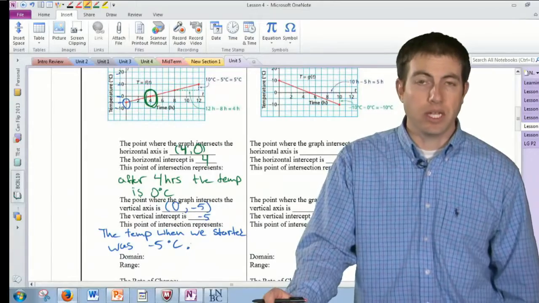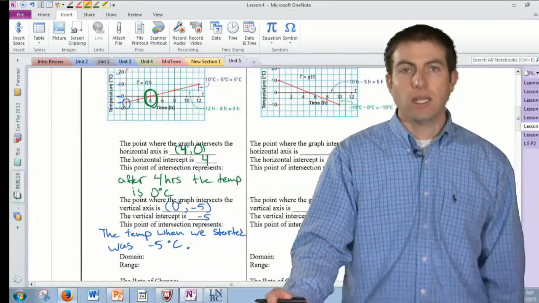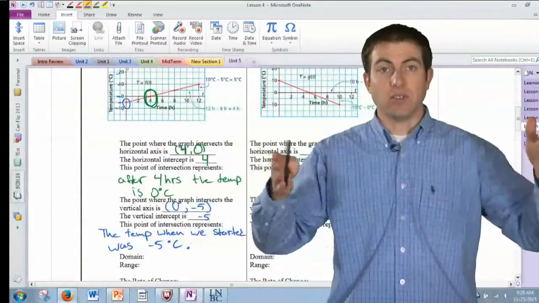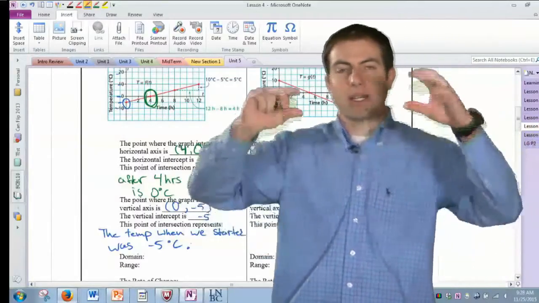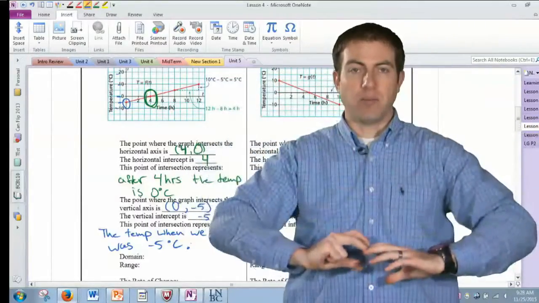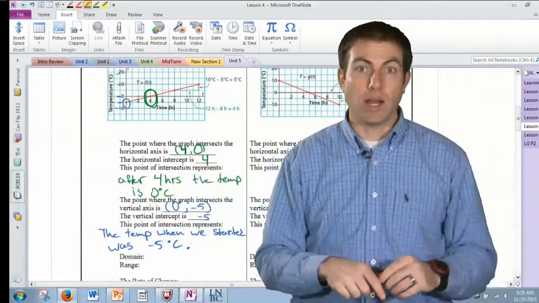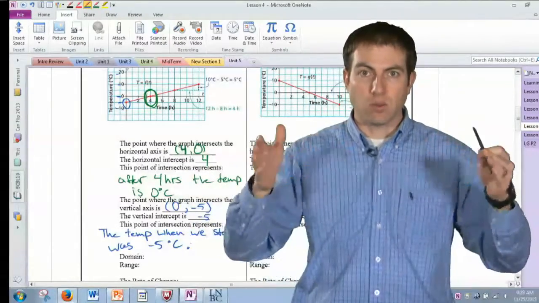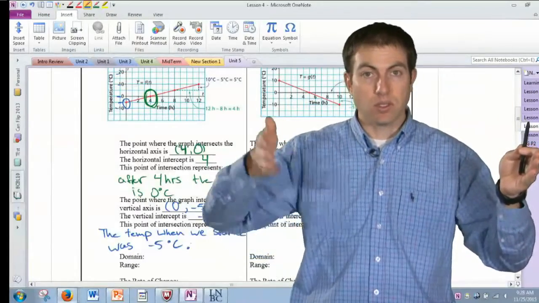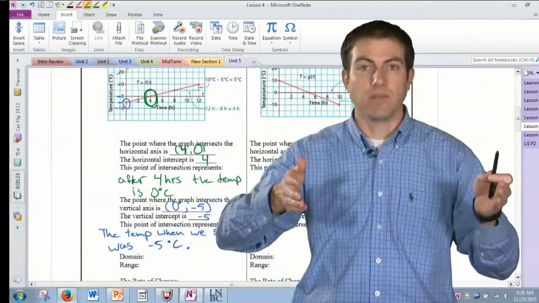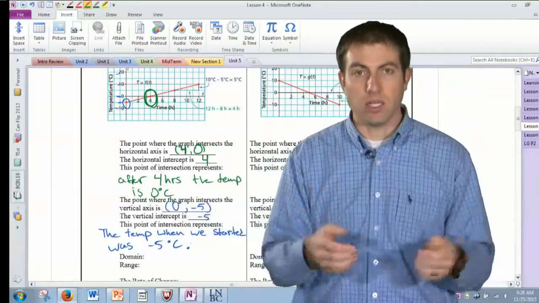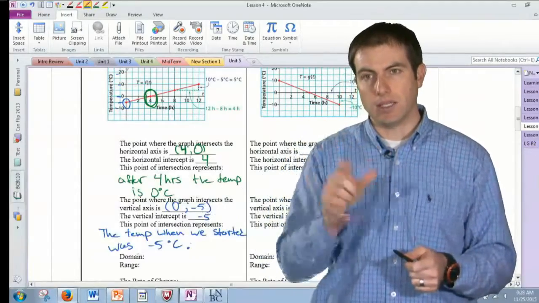And domain and range, Alex was asking about this a second ago. Remember, the domain is all the x values we use. So if you think about it as being like a light bulb up above or down at the very bottom, it's going to cast shadows on that horizontal axis. So where are those shadows cast? What is the smallest x value we're using? What is the largest x value we're using? And all the points in between, because it's connected with a line in this case.